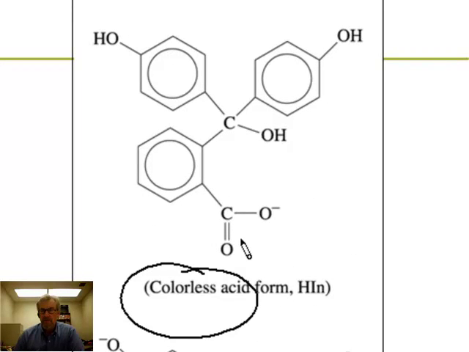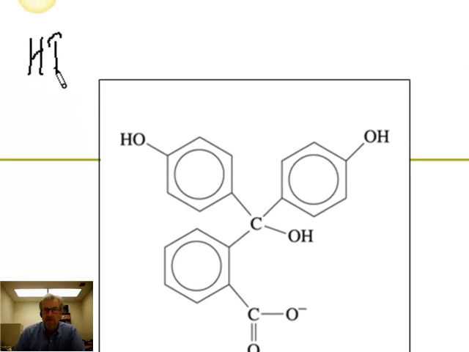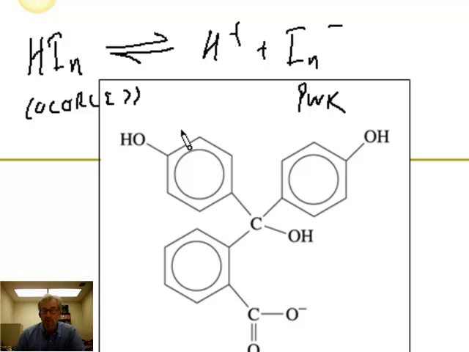And what will happen here is the indicator, which I'll just call HIN for short, exists in equilibrium with H plus and its conjugate base. And so this is the pink and this is the colorless. And if we have a solution that has predominantly H plus in it, well, that's going to cause a shift of the reaction to the left.